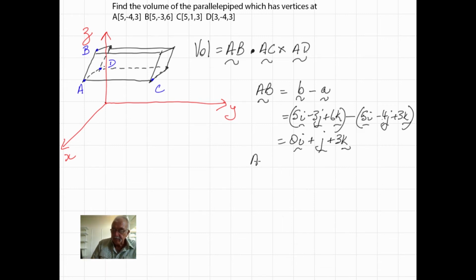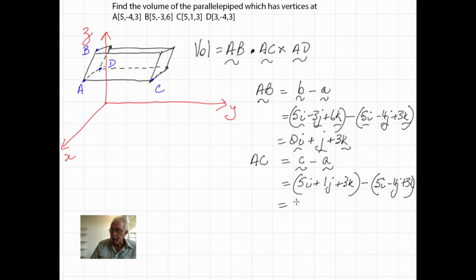AC will be equal to, always, the position of the first minus the position of the second, so it'll be vector C minus vector A. To get to vector C, we've got to go out 5i plus 1j plus 3k. So that's vector C minus vector A. Vector A is the same one as up here: 5i minus 4j plus 3k.